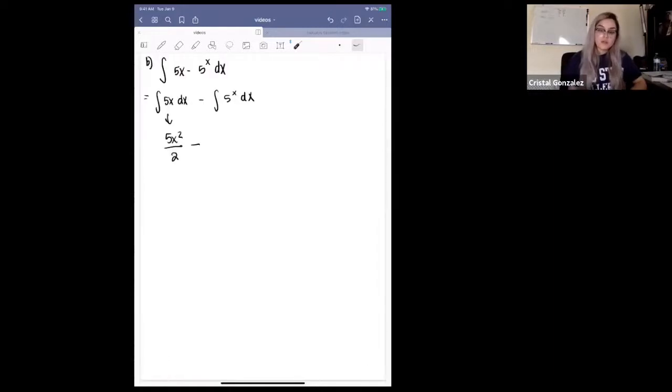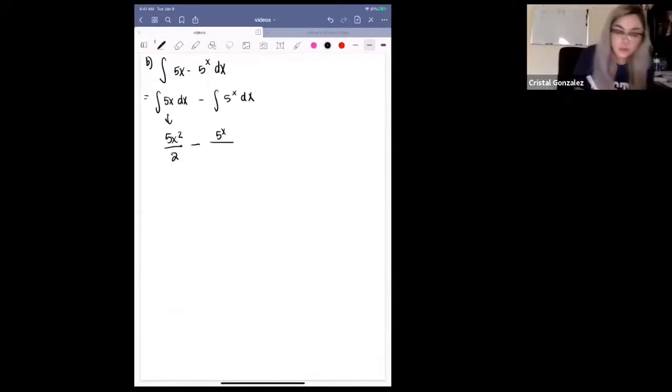And so now if we go back, we'll get that this is actually equal to 5 to the x divided by the natural log of 5 plus overall constant c for that integral. And so that's not that bad.